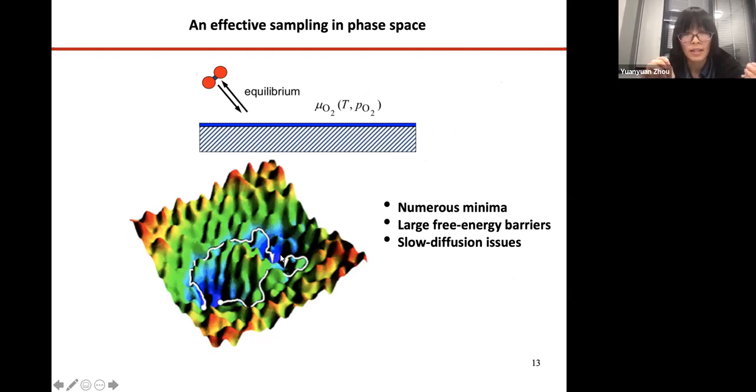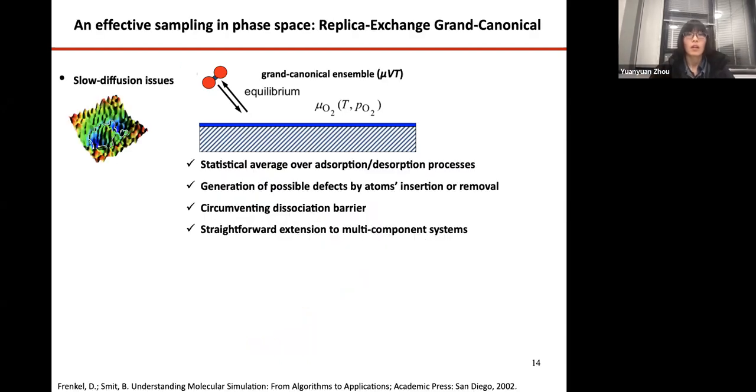More importantly, systems with many atoms usually suffer from slow diffusion issues. For decades, many methods have been developed to overcome the kinetic barrier, but they can do little to accelerate the slow diffusion.